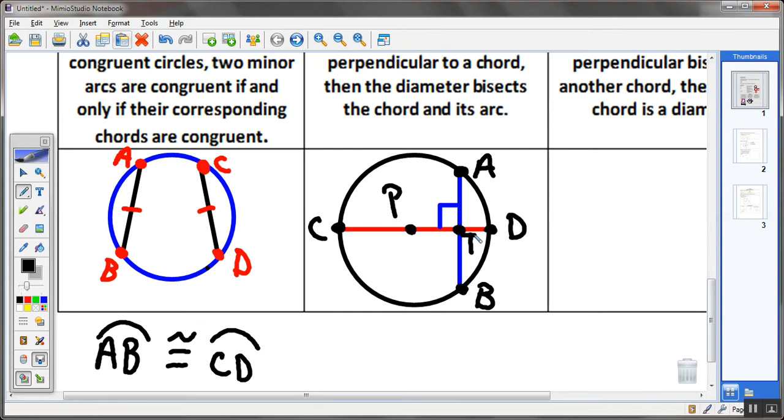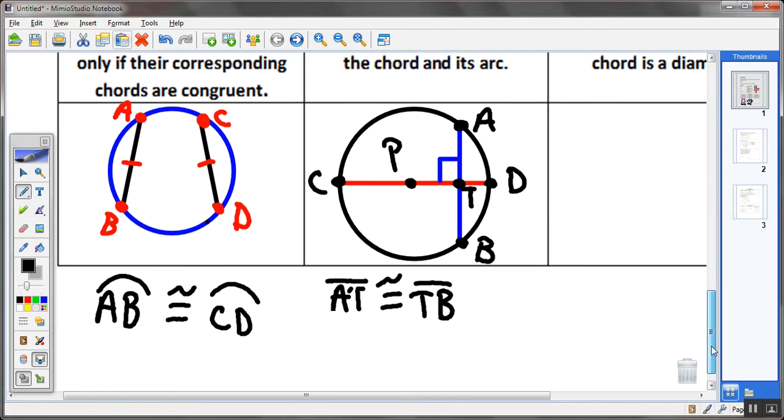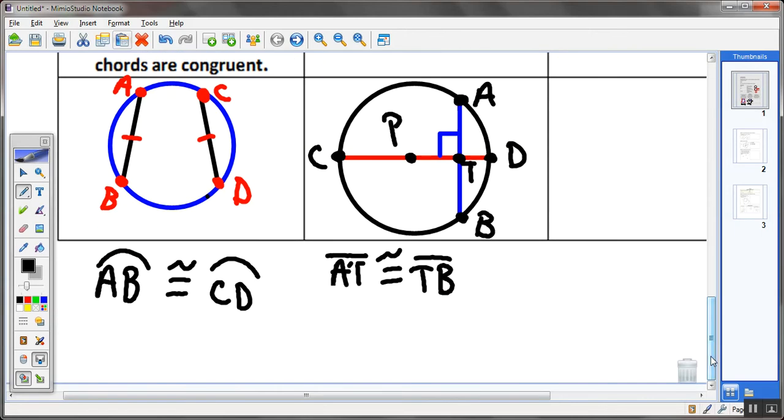Okay, so two things happen here. Segment, that's a line segment. AT is congruent to segment TB. And it also says it bisects the arc. Arc AB gets bisected into two congruent arcs.